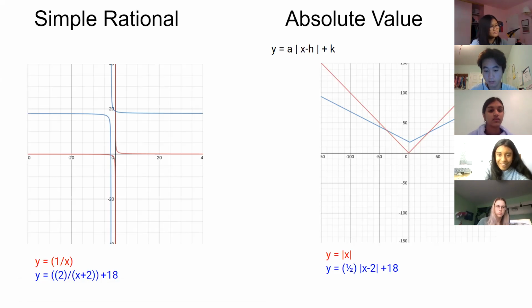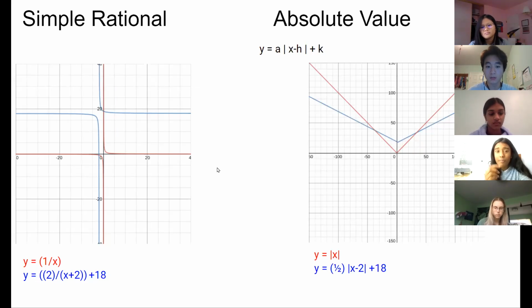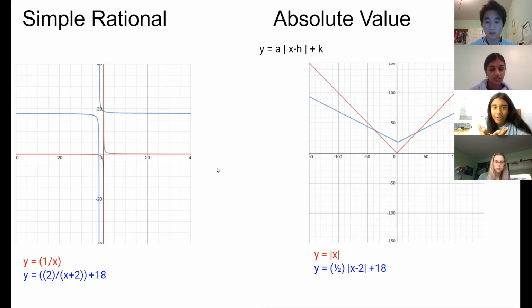And now we can move to absolute value. Here we can see the absolute value equations are shaped like V's. You can see that the function never goes below 0. So the y value never goes below 0, and the function output is always positive, unless, of course, you change k or h.